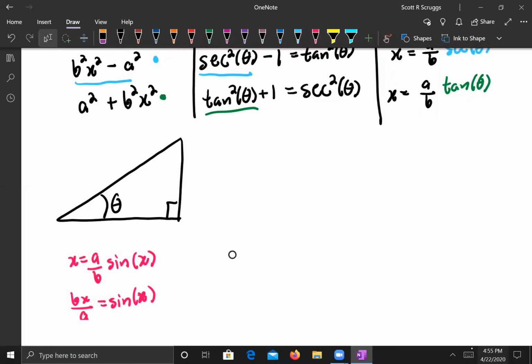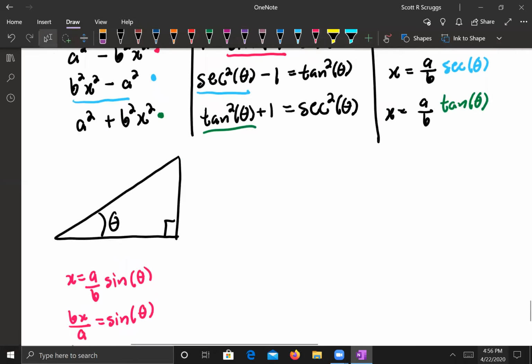All right, sorry about that. That should be theta, not x, so sorry about that. So multiplying both sides by b over a, I have bx over a equals sine of theta. In terms of a right triangle, sine is opposite over hypotenuse.